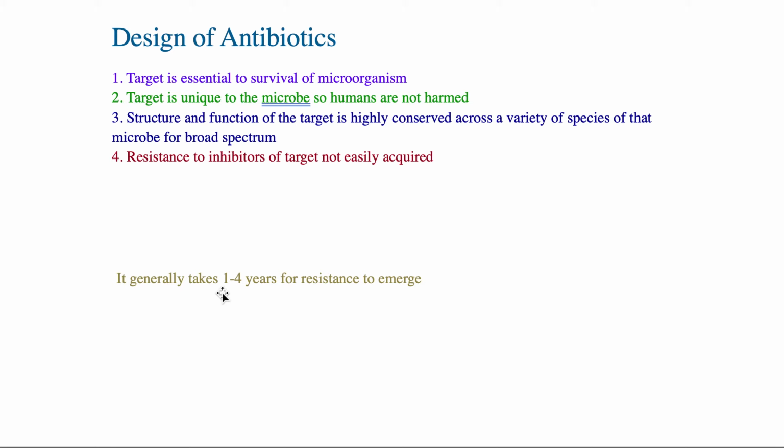And similarly now we have antibiotics like Cipro and vancomycin that are really good antibiotics, but we already have resistances to these antibiotics. And so there's a lot of attempts to control how antibiotics are prescribed because this resistance is inevitable.